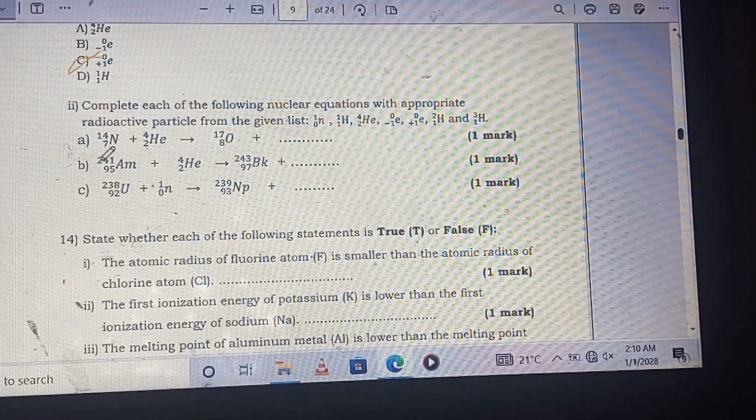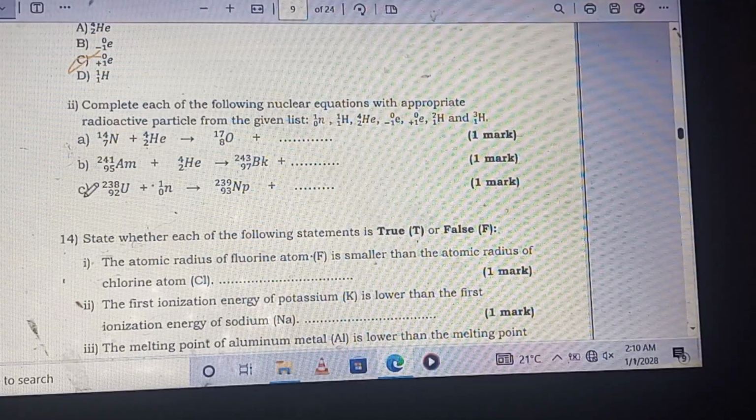When we add this mass number, 241 plus 4, you see it is 244. And also you add this neutrino. See, you have uranium and neutrino to form this Np. What option do you add here? Here we put beta decay.